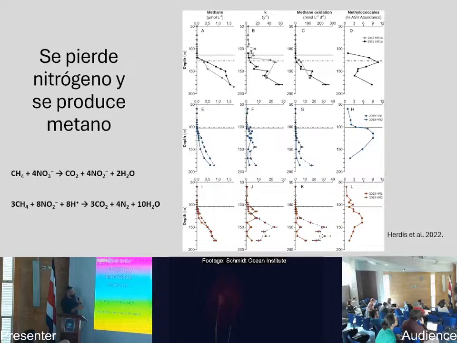This is for different methane oxidation in micromoles per liter per day. This is according to the methane present in the water column, also with the methane consumption, and this is the abundance of some organisms that are at this depth.